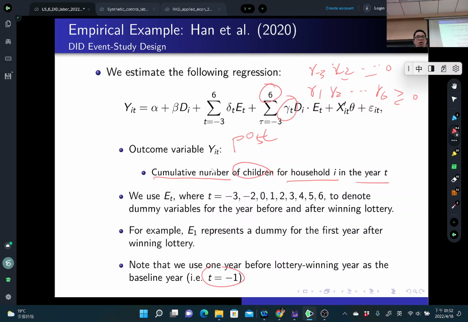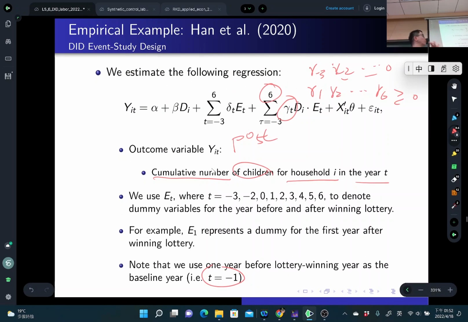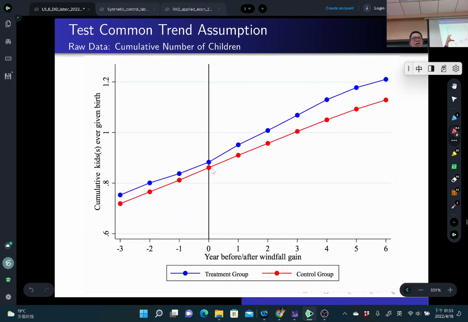Okay. So before looking at the regression estimates for the gamma, we can directly look at the graph. Usually, for difference-in-differences, it's very helpful. You can display the graph of the raw data to show the time trend in the outcome for the treatment group and control group.